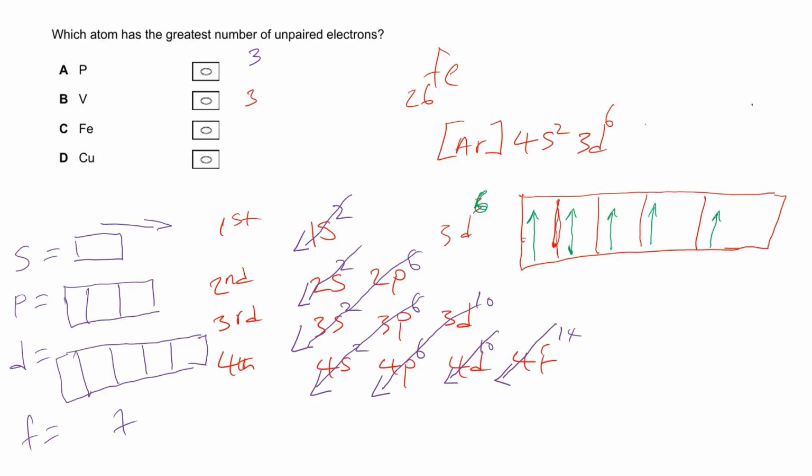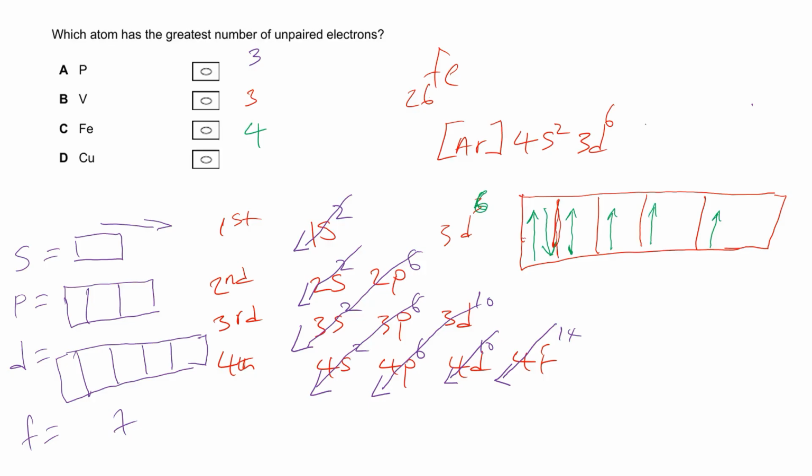Now 1 electron remains. Then you pair this one with a down spin, making 6. So you have 1 paired electron and 1, 2, 3, 4 unpaired electrons. So iron has 4 unpaired electrons.